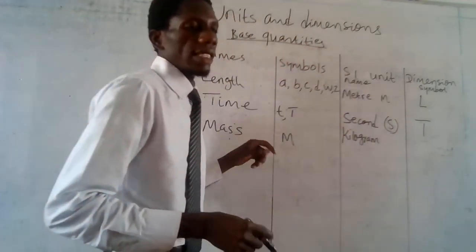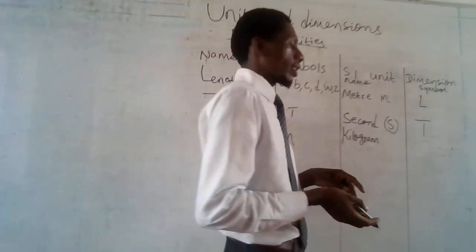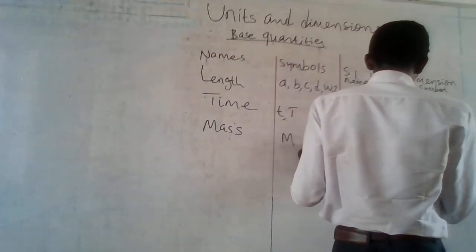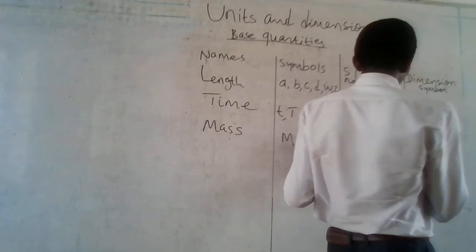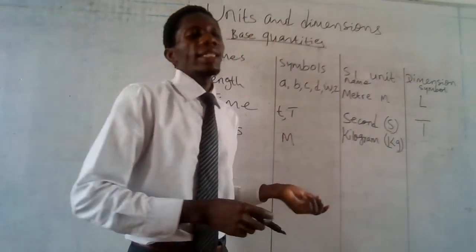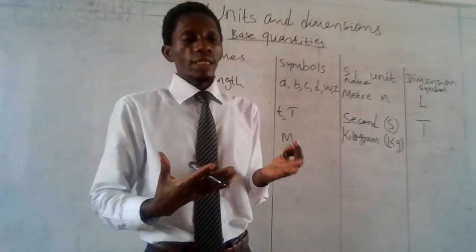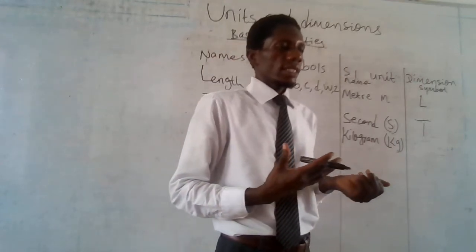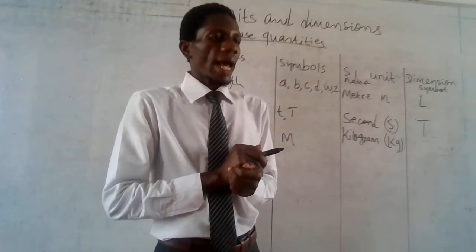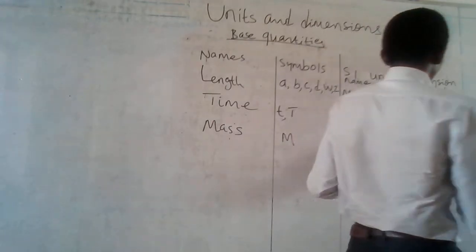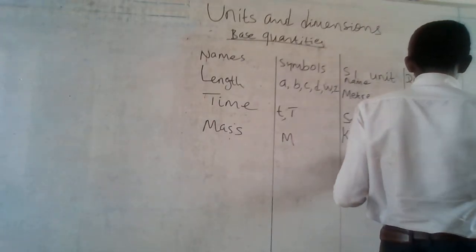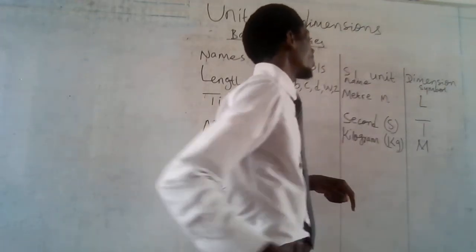Kilogram. And the SI unit symbol is kg. And then the dimension symbol for mass is M. The letter M.